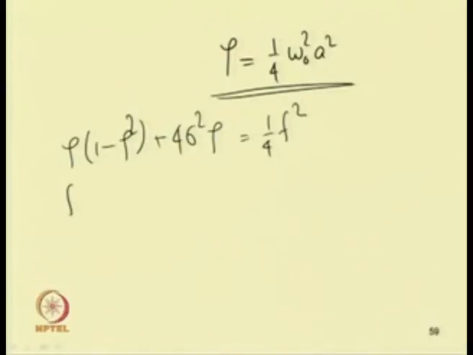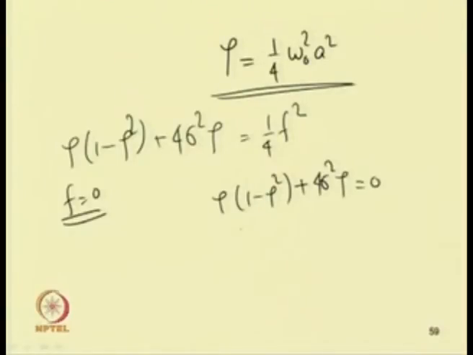So, for f equal to 0, one can see this rho into (1 minus rho) square plus 4 sigma square rho equal to 0. So, in this case, by taking common rho, either rho equal to 0 or one can have this (1 minus rho) square plus 4 sigma square equal to 0.